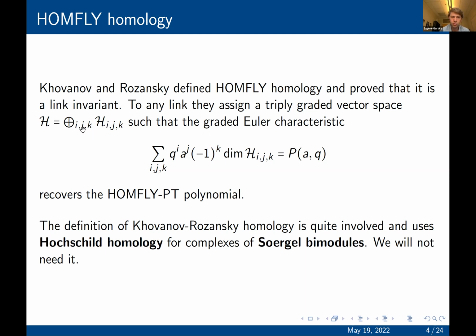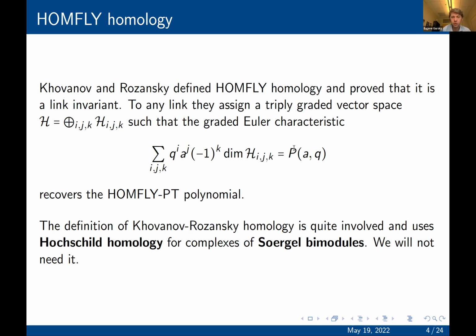The first two gradings are related to Q and A in the Homfly polynomial, and the third grading is homological. If I take the Euler characteristic with respect to the third grading, I get back a function of Q and A, and this agrees with the Homfly polynomial. In this sense, just as the usual Khovanov homology categorifies the Jones polynomial, this homology categorifies the Homfly polynomial.